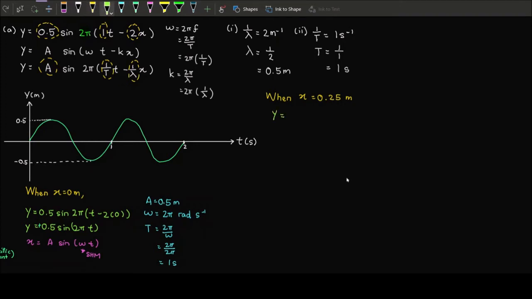Let's not rush. y equals 0.5 sine 2 pi (t minus 2x). For x, you sub in 0.25. Now if you multiply everything in, then it will be sine (2 pi t minus 0.5... oh no, not 0.5, sorry. Minus pi).